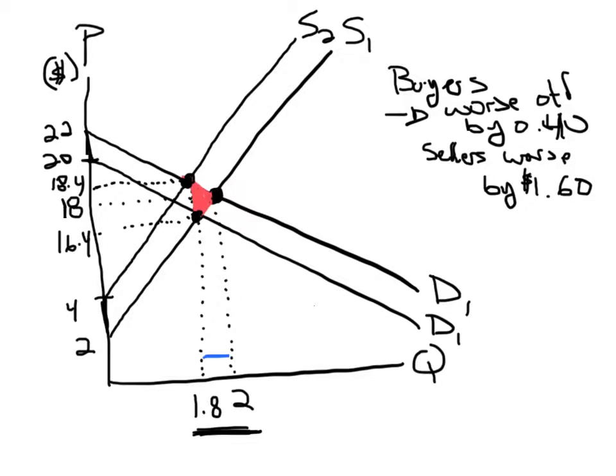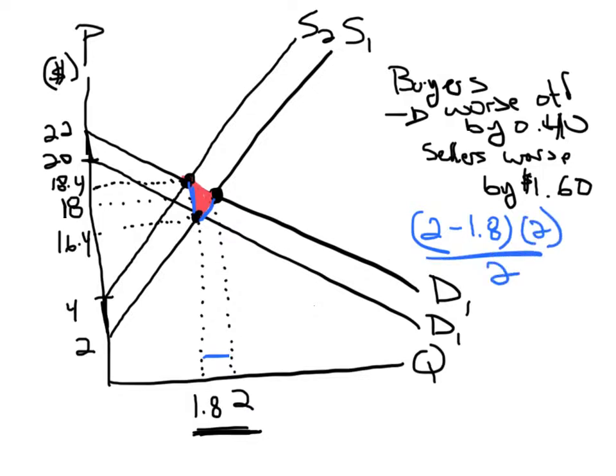It will be simply multiplying one side of the triangle, let's say this side, which we know is equal to 2 minus 1.8, by the other side of the triangle, let's say this side, which we know is equal to 2, right? 18.4 minus 16.4. And divide that by 2.